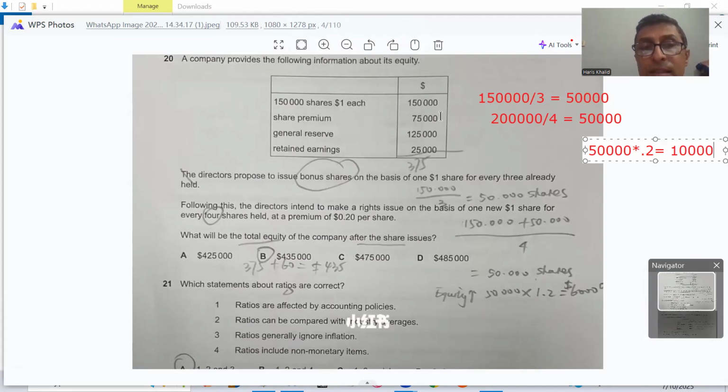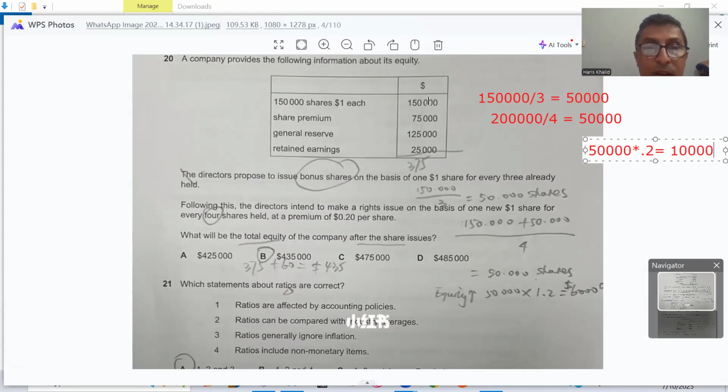We know that a bonus share is a conversion of reserves into share capital. It is also known as capitalization of reserves. The amount for the issue of bonus shares is taken from the share premium. 50,000 will be added to the 1,50,000 and it will also be subtracted from 75,000.